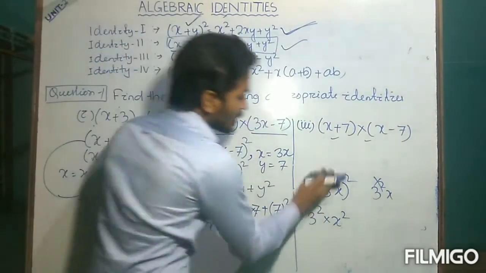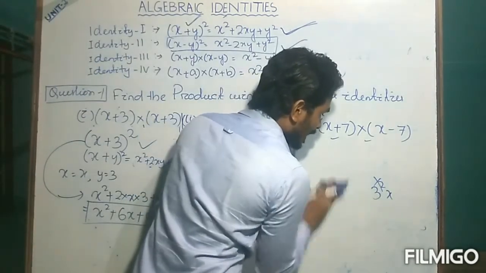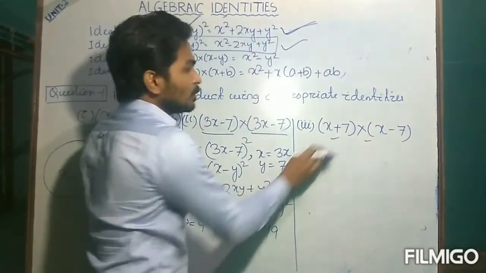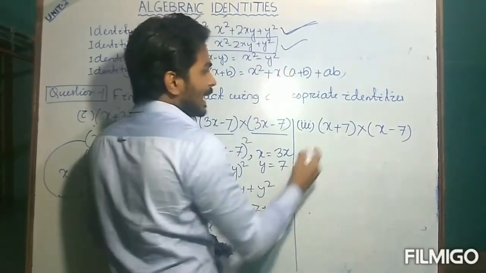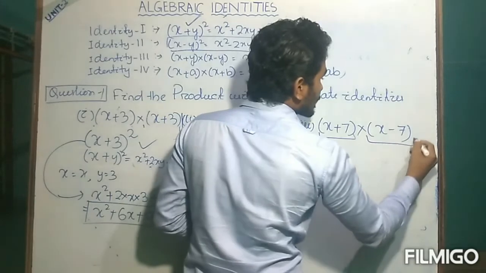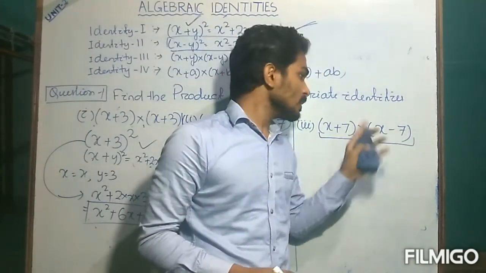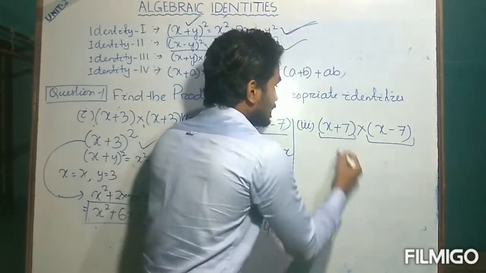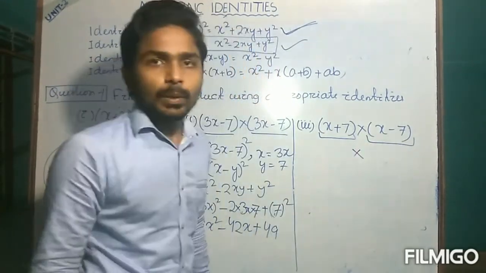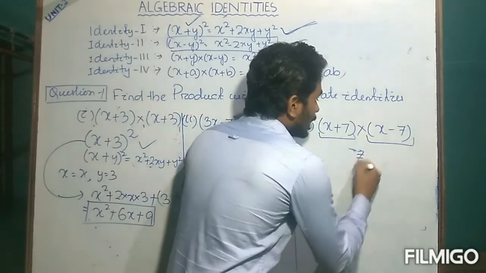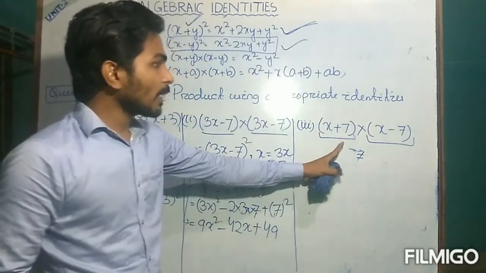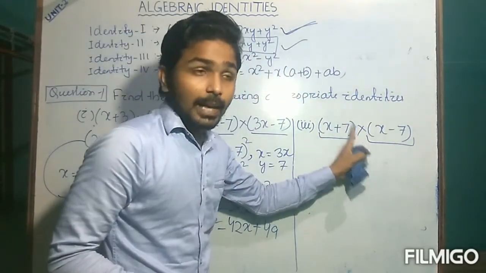Now coming to question number 3, where we have the two linear polynomials x plus 7 and x minus 7. That means the two linear polynomials or the two terms are not equal. This is not equal to that polynomial. Okay? So now we have to find which identity this formula resembles.